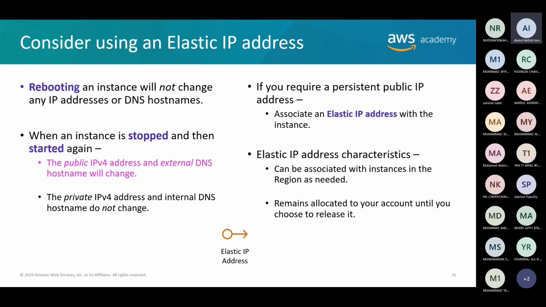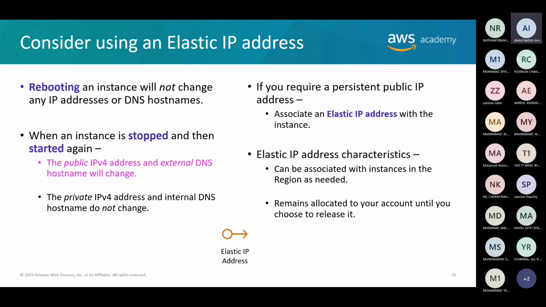So if you specify that a public IP address should be assigned to your instance, it is assigned from the AWS pool of public IPv4 addresses, and the public IP address is not associated with your AWS account.